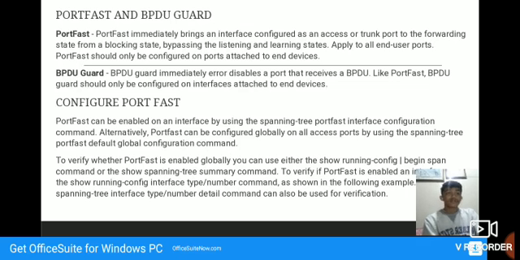Alternatively, PortFast can be configured globally on all access ports by using the spanning-tree portfast default global configuration command. To verify whether PortFast is enabled globally, you can use either the show running-config | begin span command or the show spanning-tree summary command.